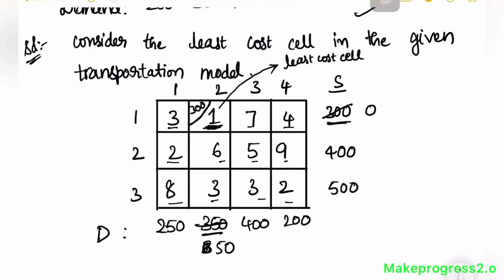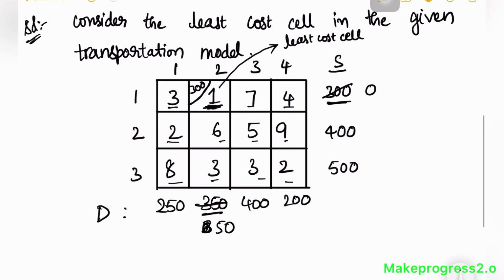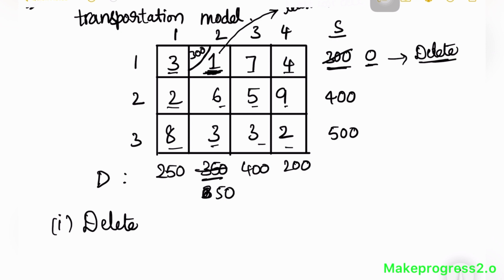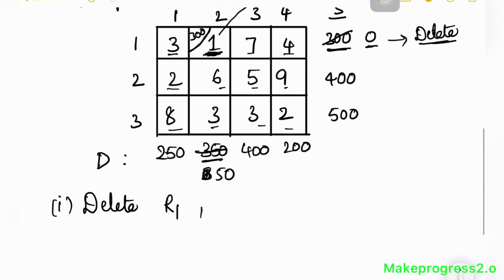Now we have to take the next least cost cell in the given table, and before that, since we got the first row as 0, we have to delete the row 1, that is the first row. So in the next step, we are going to delete the first row, R1, row 1.